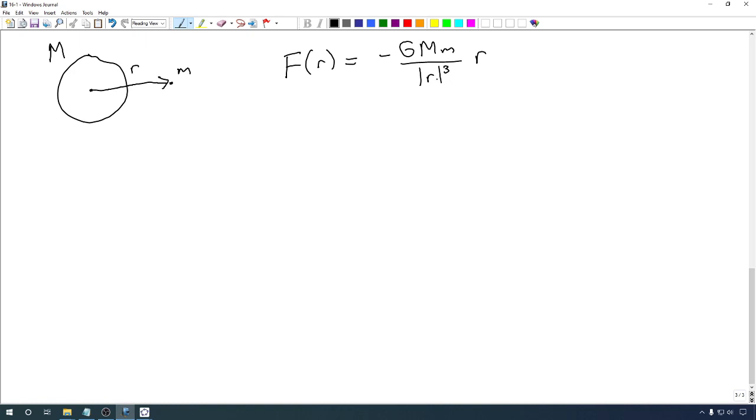Now if you're familiar with the gravitational formula, and I'm assuming a lot of you are, you might be confused by the fact that there's a cube here. Really what we're doing here is canceling out the fact that r itself has a magnitude. We're basically saying that this is minus GMm over the magnitude of r squared times r over the magnitude of r. We're essentially saying that the magnitude of the force is the constant G times the product of the two masses divided by the distance between those two objects squared.